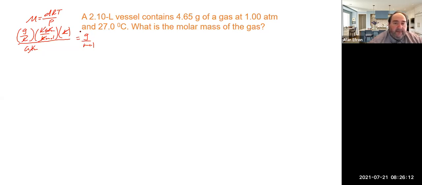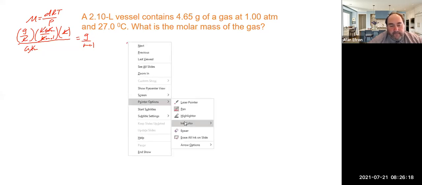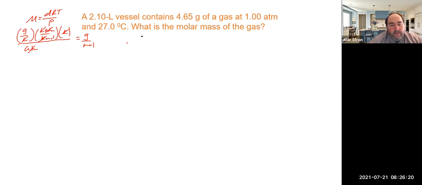We do have the volume, which is 2.1 liters. We have 4.65 grams, we'll leave that off for just a second. We have a pressure that is 1 atmosphere, and a temperature that is 27 degrees Celsius.